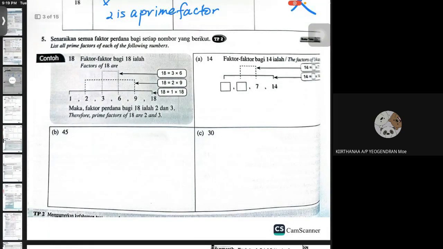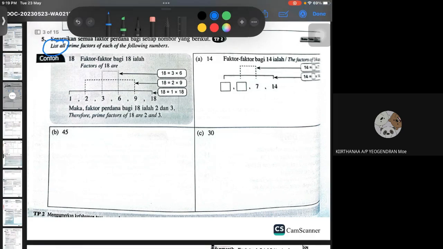Okay. This one, there are two methods to find the HCF, highest common factor, and the common factors. So there are two ways of finding the factors. If the question asks you to list, these are the keywords. When they ask you to list, you must list all the numbers.